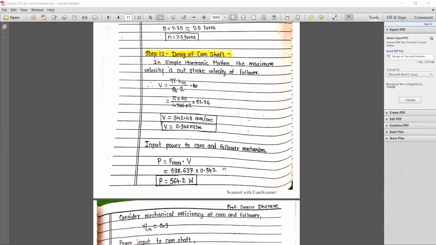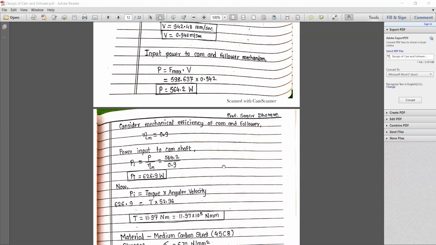Now the input power to the cam and follower mechanism, P is equal to F max into the velocity. F max is equal to 598.637, into the velocity 0.942. So the maximum input power required to drive the cam mechanism is 564.2 watt, that is 0.5642 kilowatt.